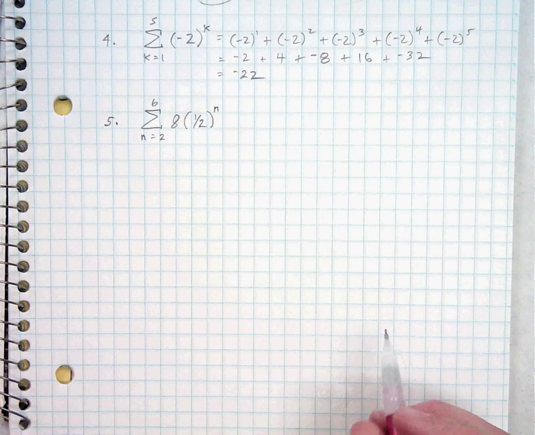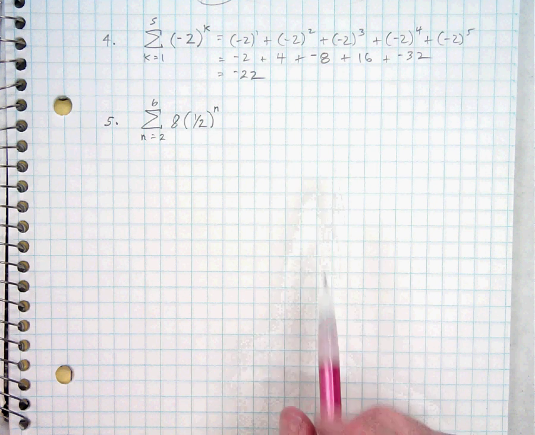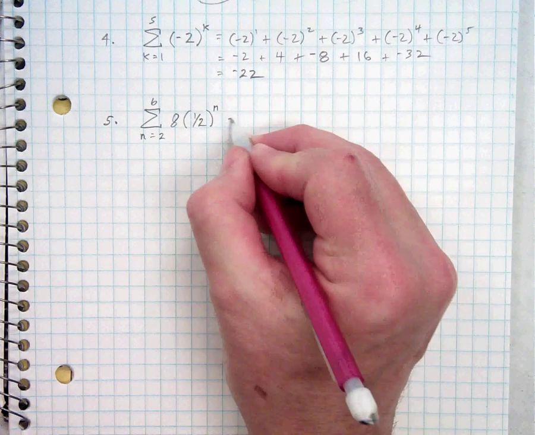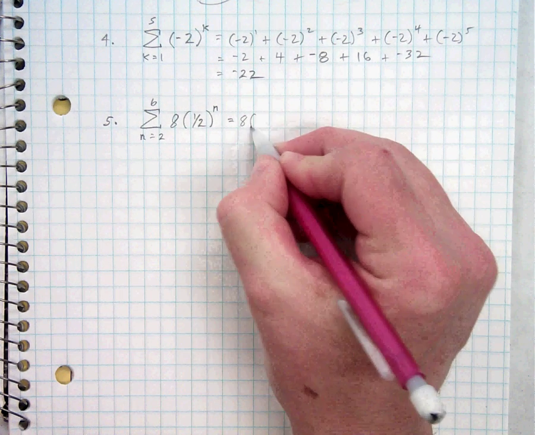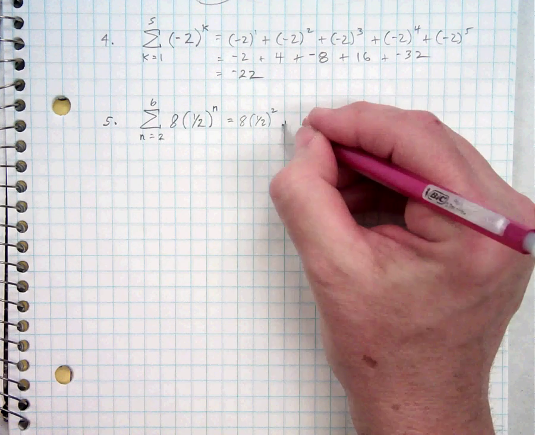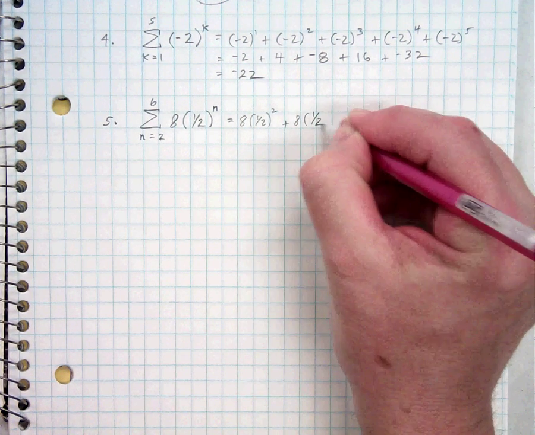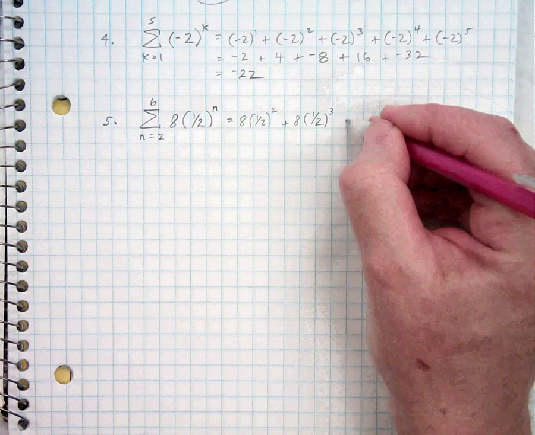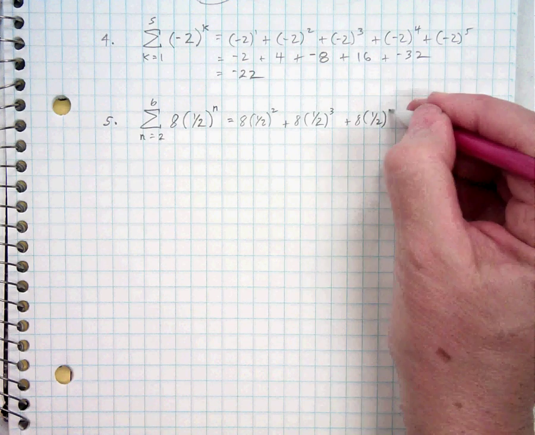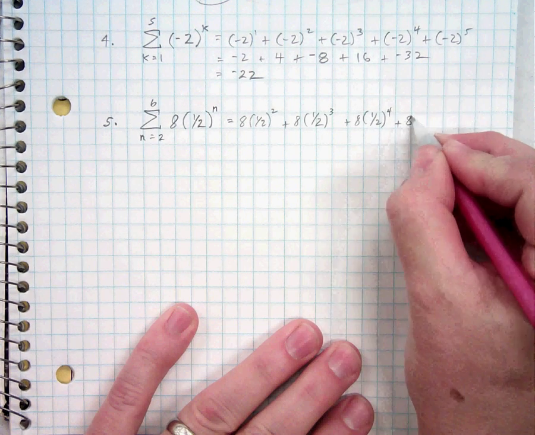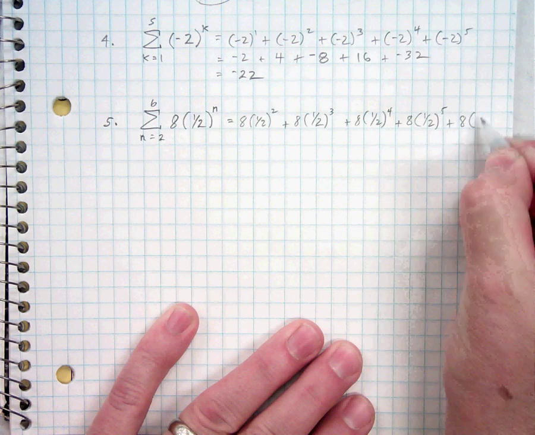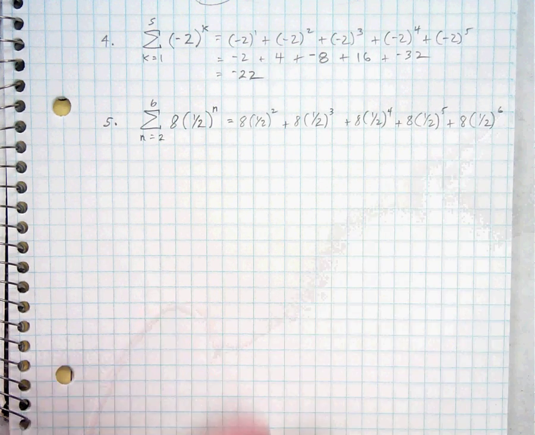See if you can figure that one out. All right, let's see what we get. We got 8 times 1/2 to the 2, because we start with 2, plus 8 times 1/2 to the 3, plus 8 times 1/2 to the 4, plus 8 times 1/2 to the 5, plus 8 times 1/2 to the 6.